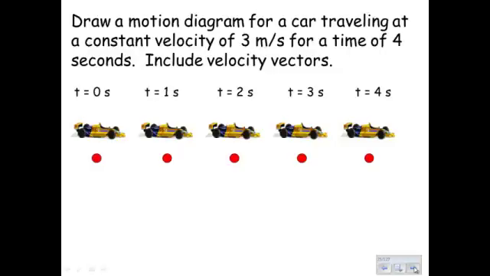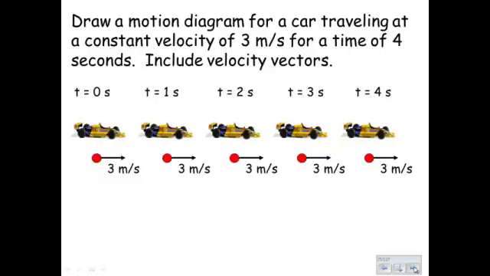Now, if I was to draw my velocity vectors into my motion diagram, I would include with it the magnitude of that velocity vector. So write in next to your arrow 3 meters per second. And for each of the next 4 velocity vectors, we're still going 3 meters per second.